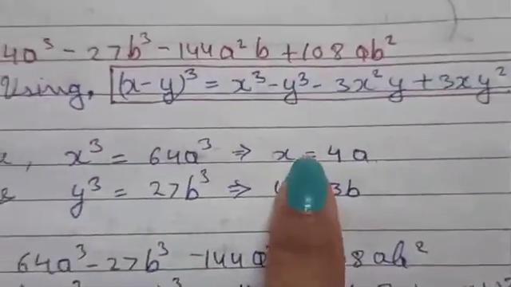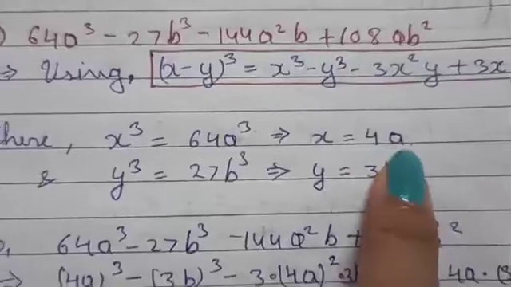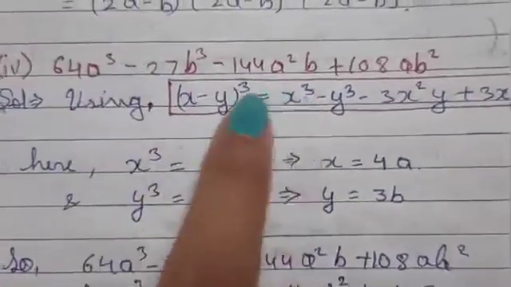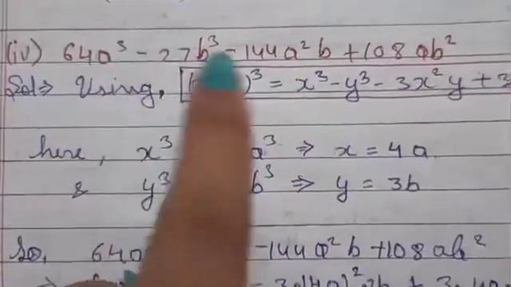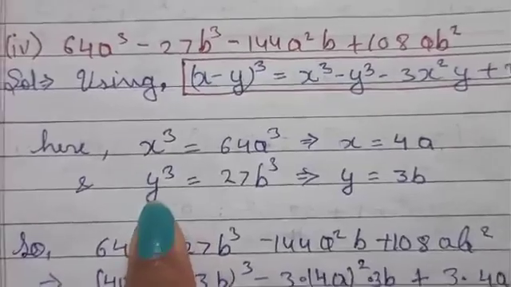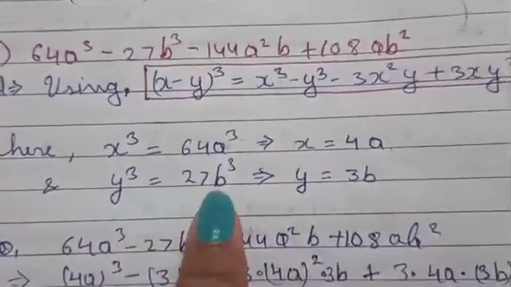So x for this expression is 4a. Similarly, in place of y cube in this given expression we have 27b cube, so y cube is equal to 27b cube.